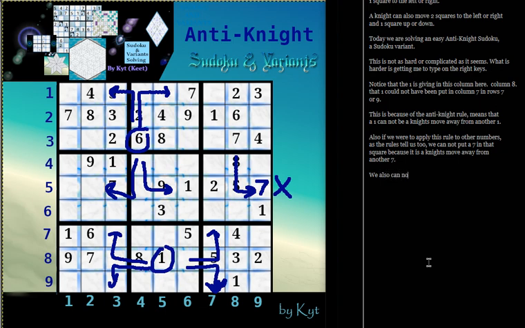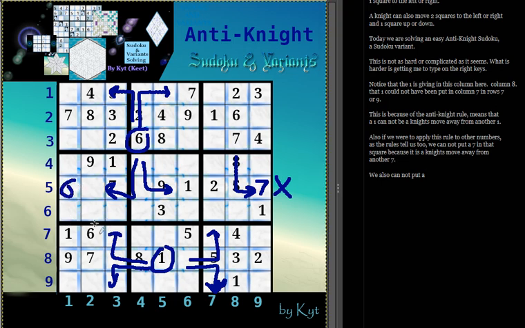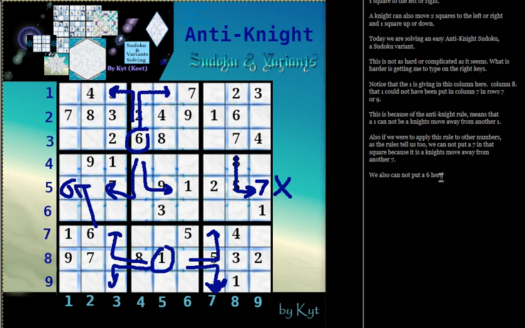We also cannot put a 6 here in column 1, row 5, because it violates the rules.